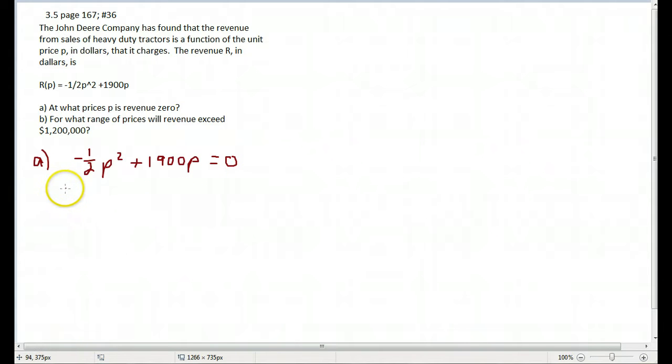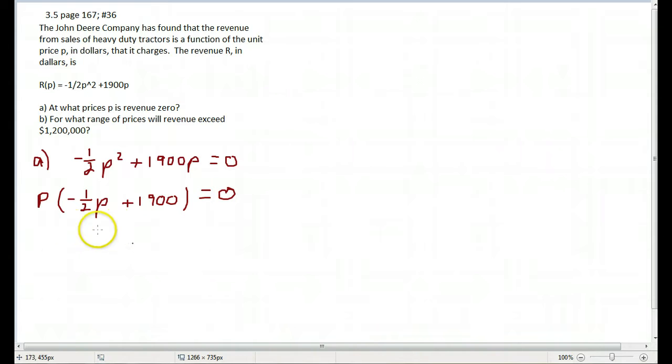Well, first step is I am going to factor out a P. So I have P times negative 1/2 P plus 1900, close my parentheses, equals 0.